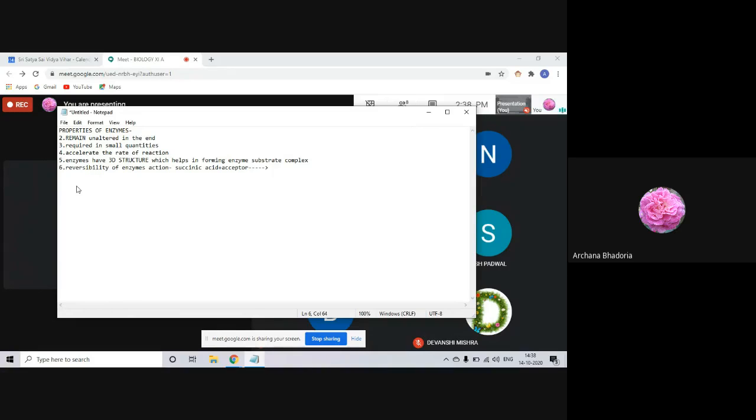And then you will get fumaric acid plus the reduced acceptor. So got the equation, everyone? Written correctly? Yes, ma'am. Okay, Shravani, read out the equation. Ma'am, succinic acid plus acceptor, then reversible arrows, that will give fumaric acid plus reduced acceptor.